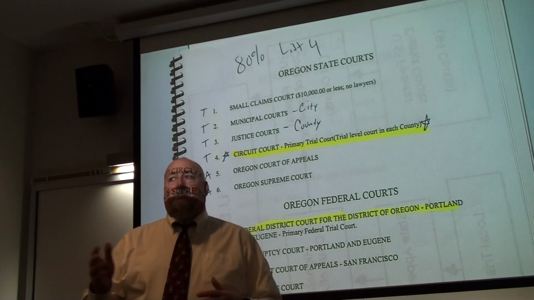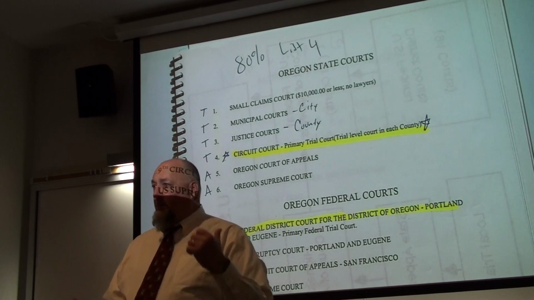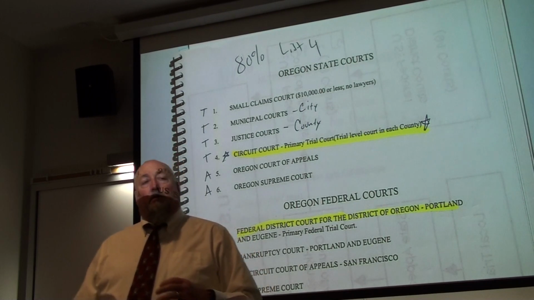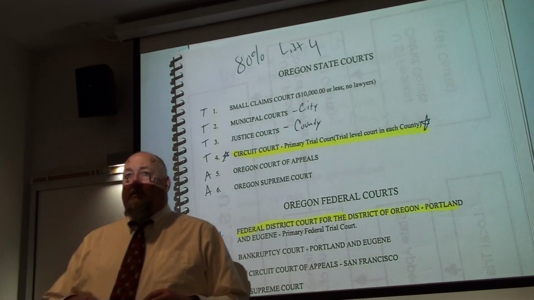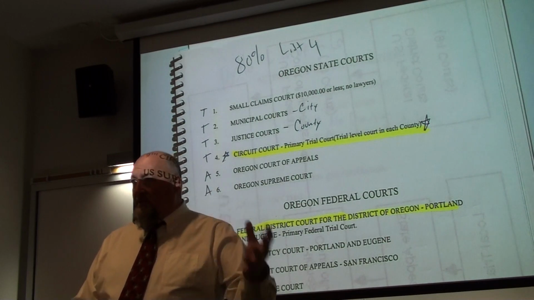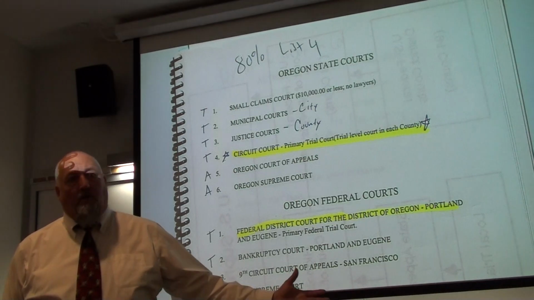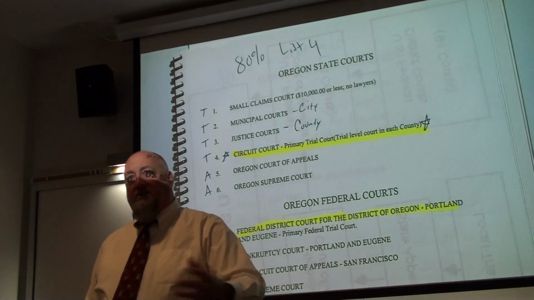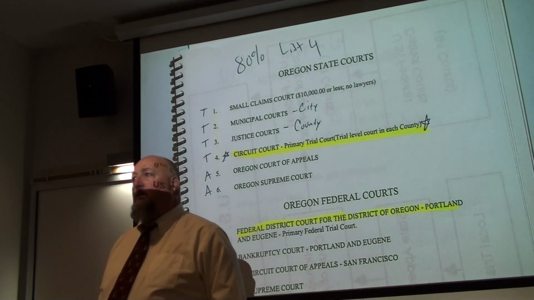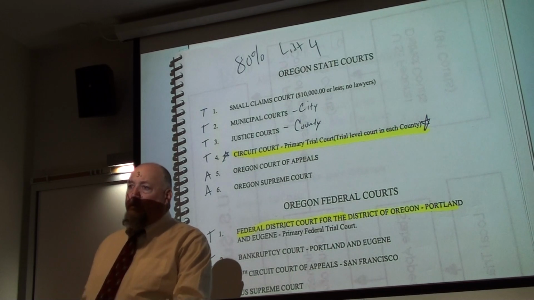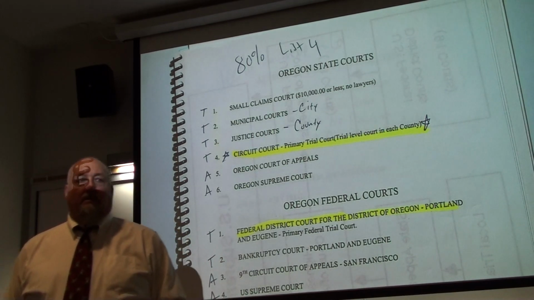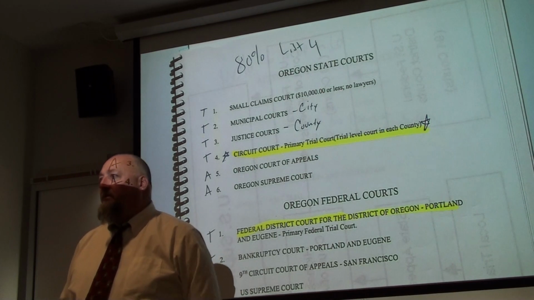So we have the Polk County Circuit Court for the state of Oregon, which is located in Dallas. Marion County, Salem, Marion County Circuit Court, Multnomah County Circuit Court in Portland, Washington County Circuit Court in Hillsboro, Clackamas County Circuit Court in Oregon City, Lane County Circuit Court in Eugene. You get the idea. Deschutes County in Bend.